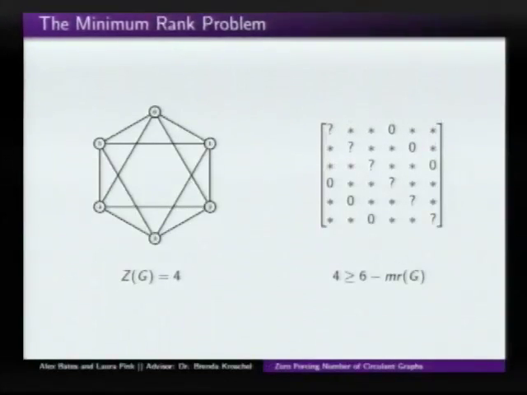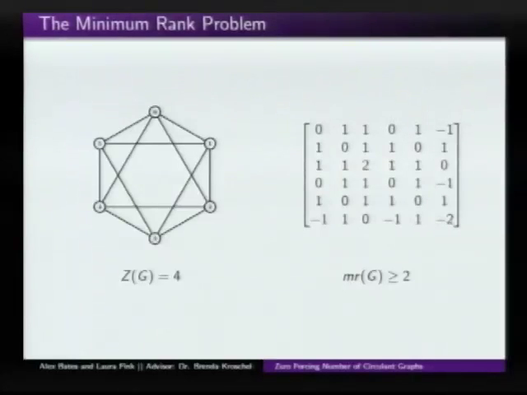we plug in our values. So the zero forcing number is 4, greater than or equal to 6, which is the size of the graph and matrix, minus the minimum rank of that graph. And doing algebra, we see that the minimum rank of that graph is greater than or equal to 2.